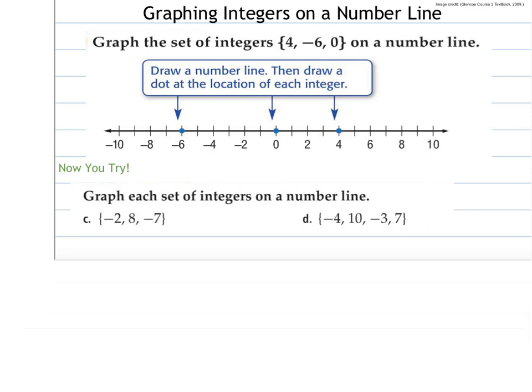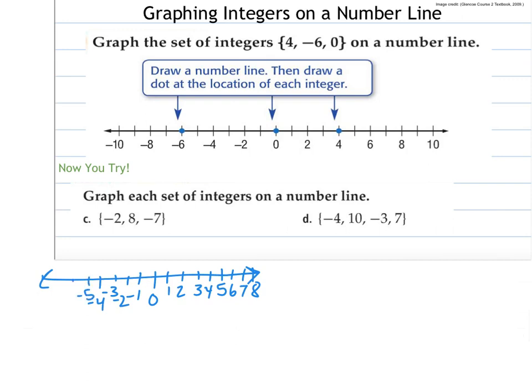So the first thing is that we need to draw a number line. So 0's in the middle, 1, 2, 3, 4. It looks like we're going up to 8, 5, 6, 7, 8, and then go negative the same amount in the opposite direction.